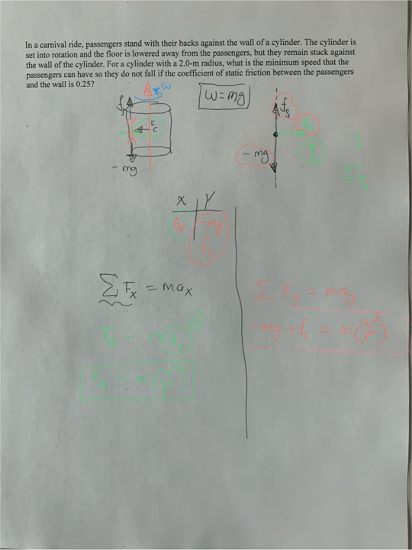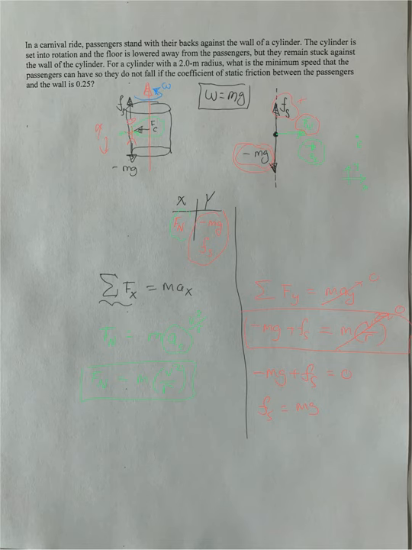So actually the acceleration in the y direction is 0, mainly because the passenger is only accelerating in the x direction. The passenger is not accelerating up or down. So the static friction force is preventing the person from accelerating downwards. So we have negative mg plus fs is equal to 0, so fs is equal to mg.